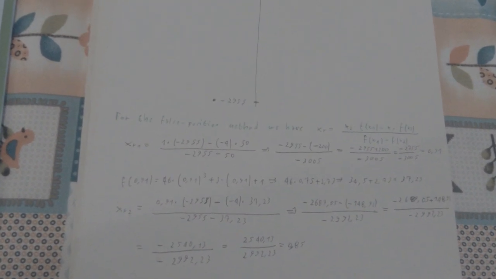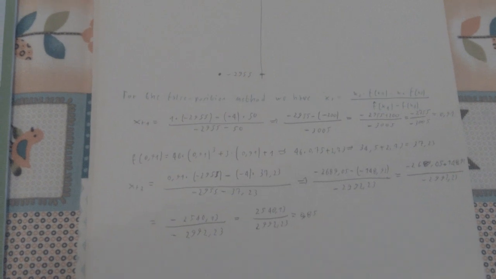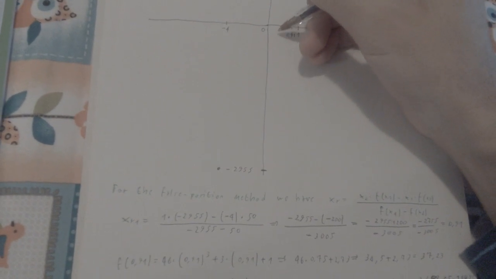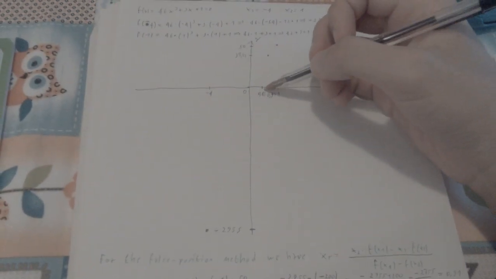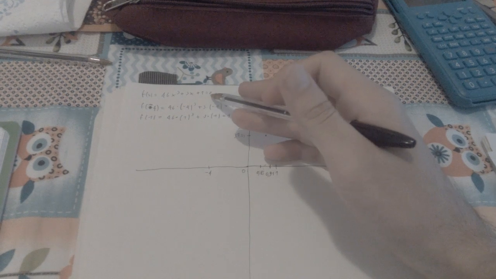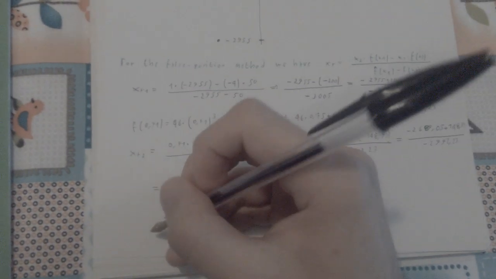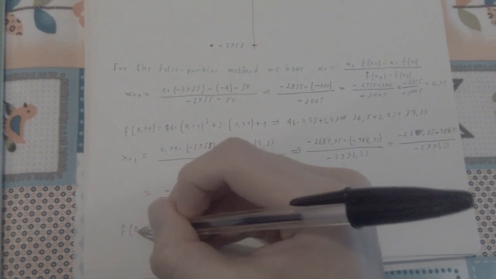All right, so now that we have found our new point, 0.85, which is like here, we're gonna plug it back into our function and see whether we get a positive or negative value. So there we go. f of 0.85.